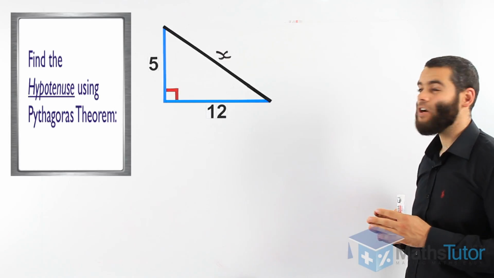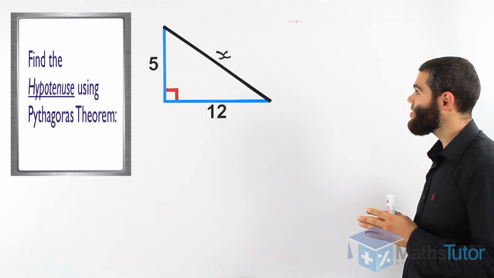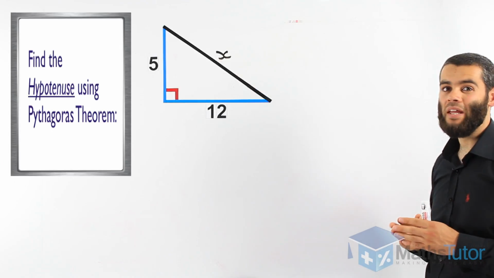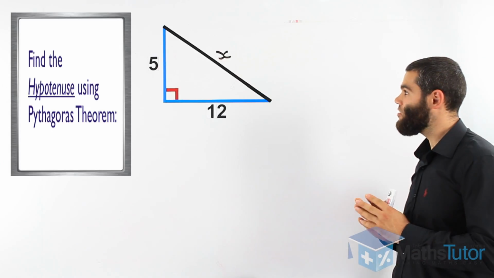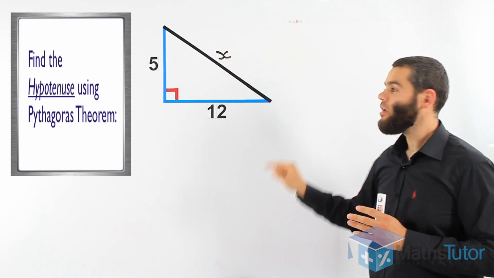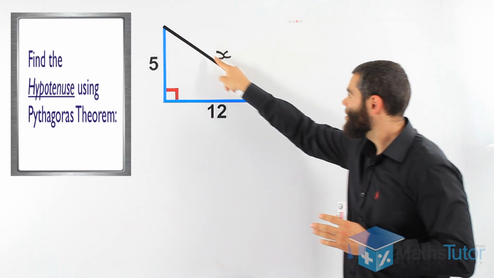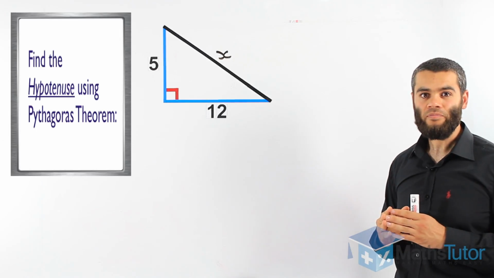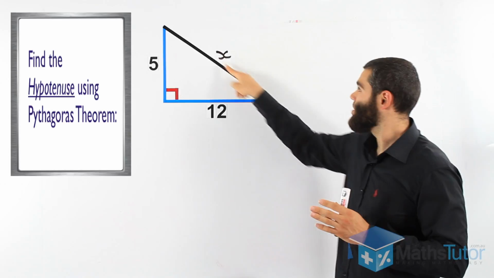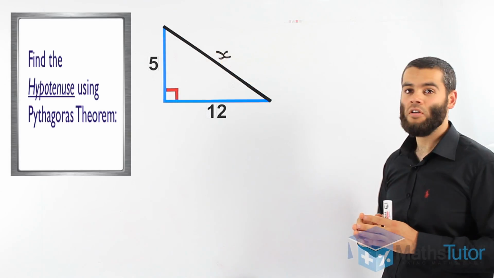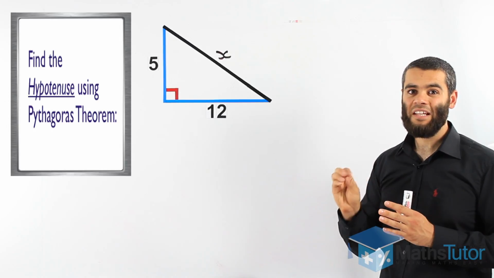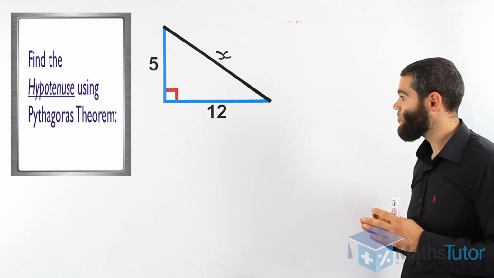We have this right-angled triangle and we notice that the hypotenuse is missing and it's marked with an x. Now the hypotenuse is always opposite the right angle. It is the longest side and here it's marked in black. So we can use Pythagoras' theorem to find the missing hypotenuse. We know it's a right-angled triangle, that means Pythagoras can work. Let's see how we're going to do that.